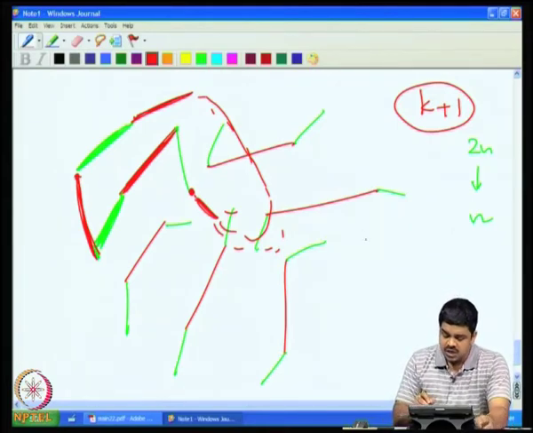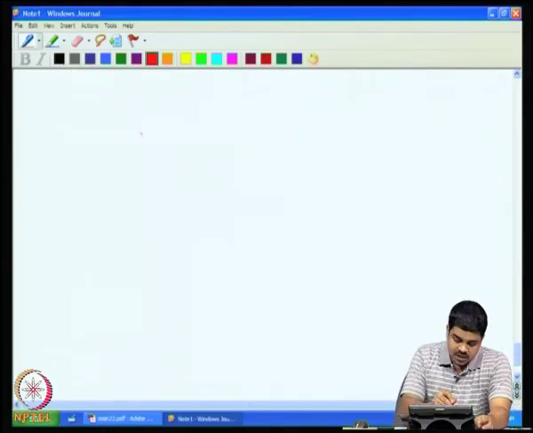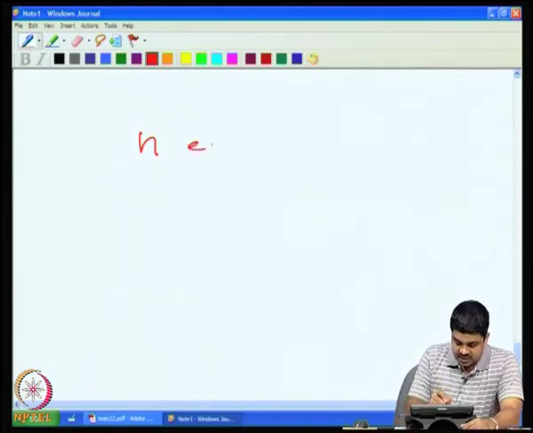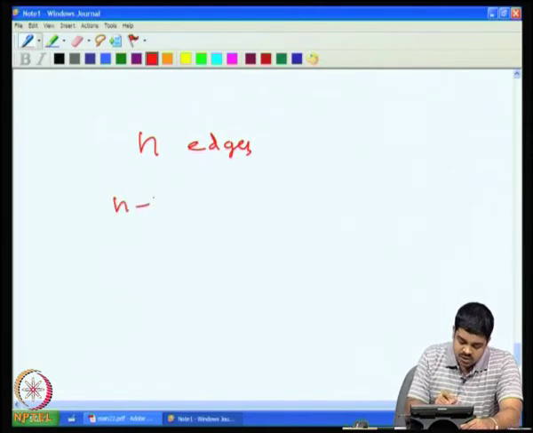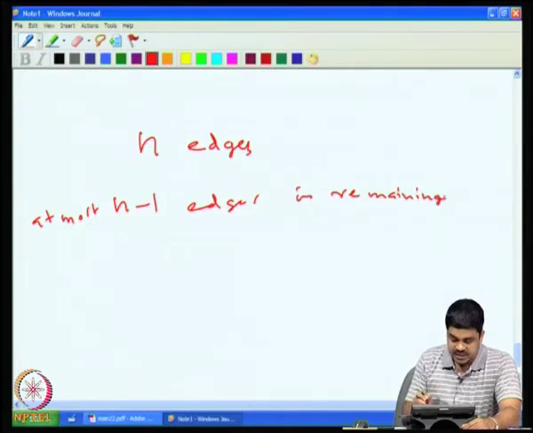So one of the color classes can have n edges in it. The remaining ones can have at most n minus 1 edges each. So the total number of edges can only be n plus k times n minus 1.